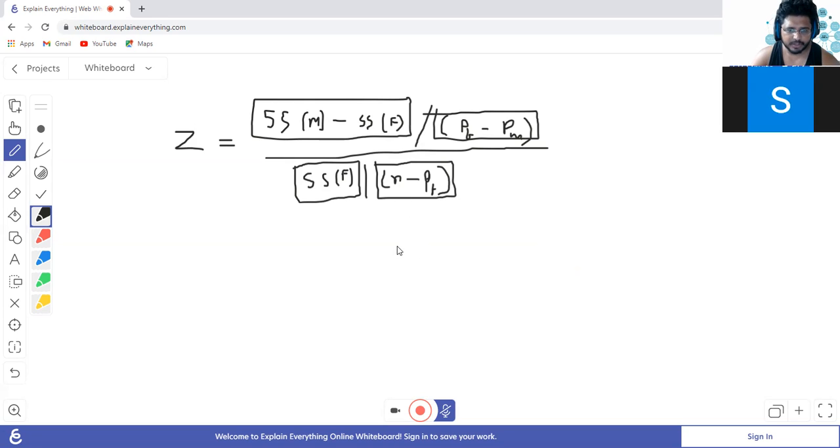So P fit is equal to the number of parameters of the fit line. How many variables are there in the fit line? Imran?